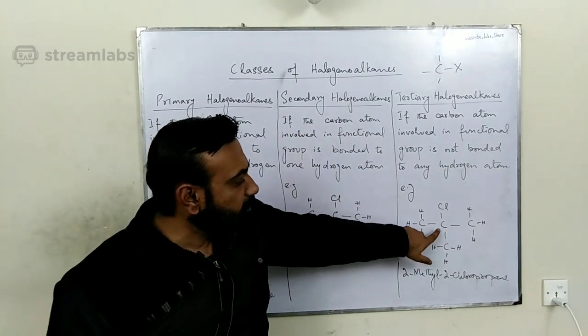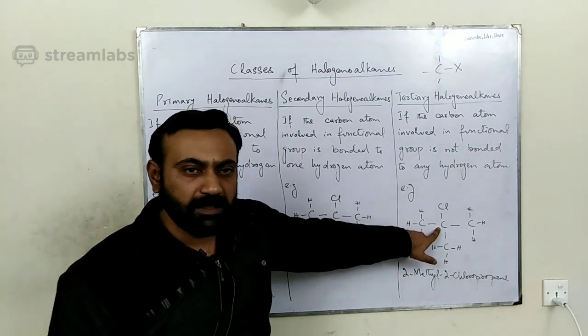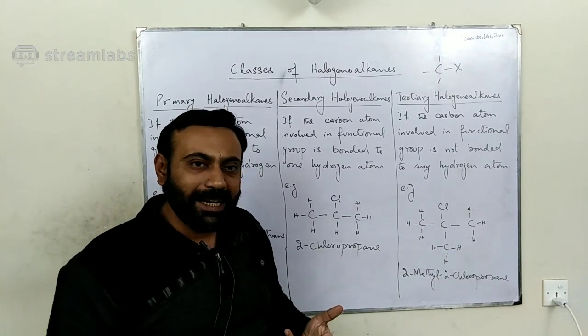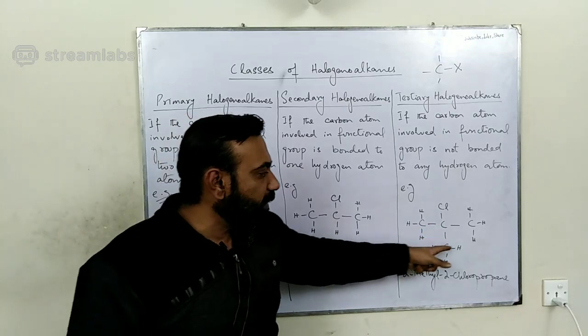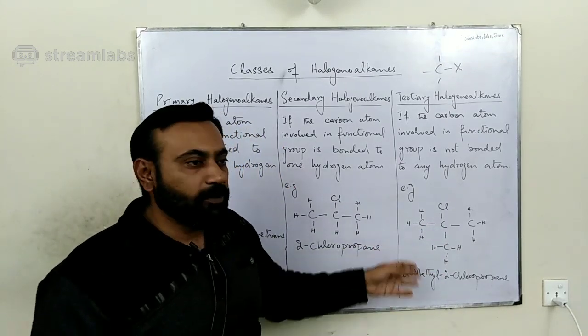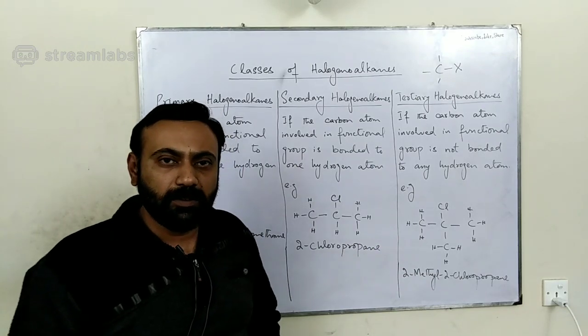And the carbon atom which is involved in the functional group, this one in the middle, is not bonded to any hydrogen atoms, it is bonded to carbon atoms from all three of the sides. That means this halogenoalkane is a tertiary halogenoalkane.